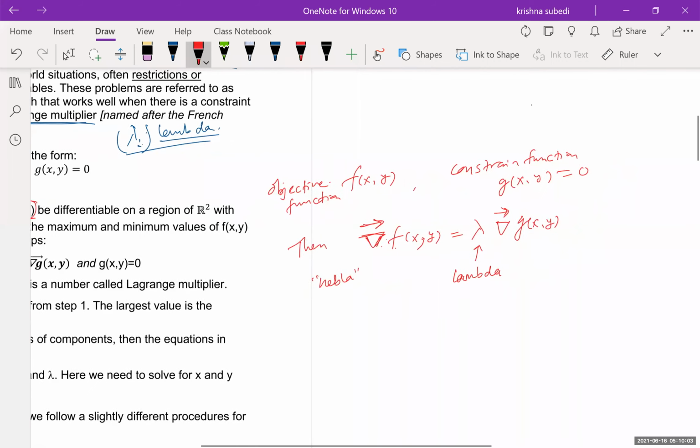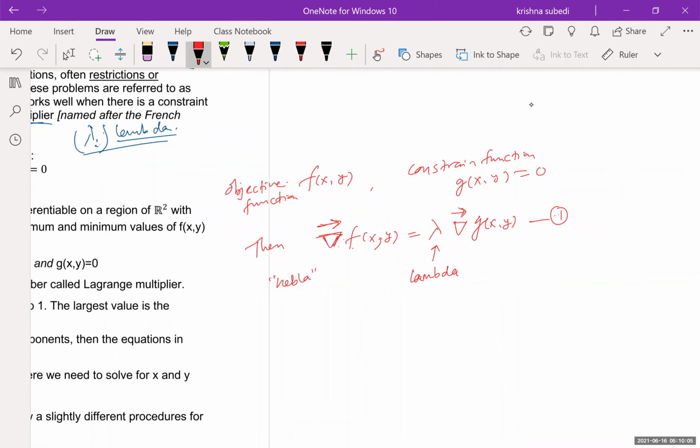That's one equation. And then another equation is simply the constraint, g equal to 0. This is the method given in your book.